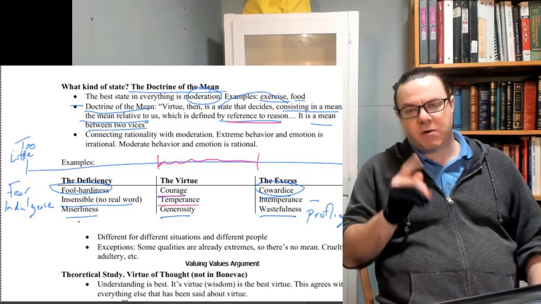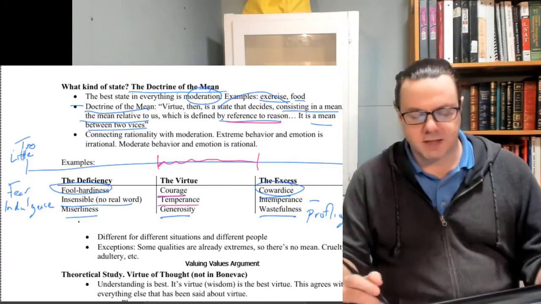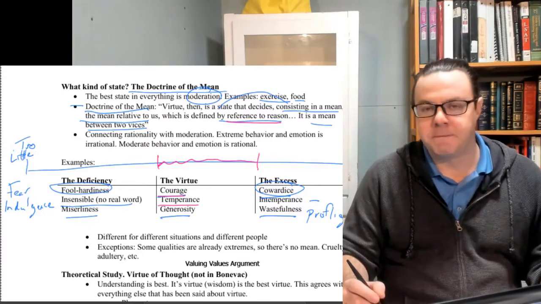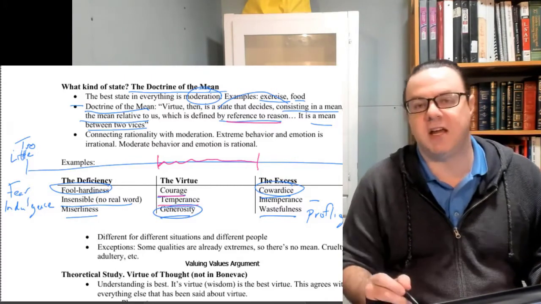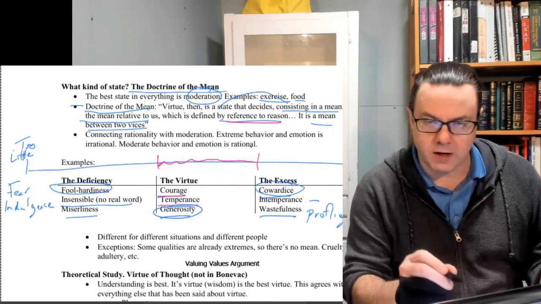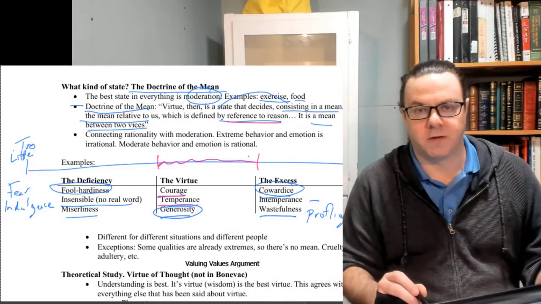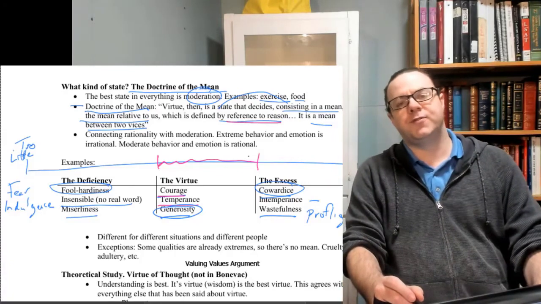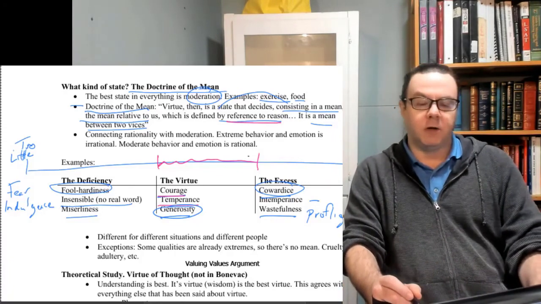It's not generosity, by the way. Here's something that is a confusion that you're likely to fall into in thinking about this. Generosity is the name for the right amount, according to Aristotle, his way of thinking of it. And so if we say sometimes a person is too generous, that's a bit of a misnomer.